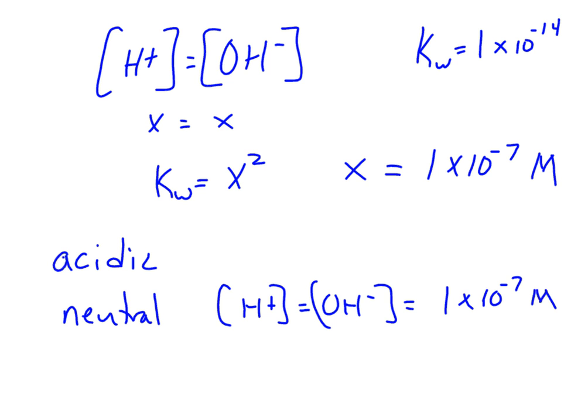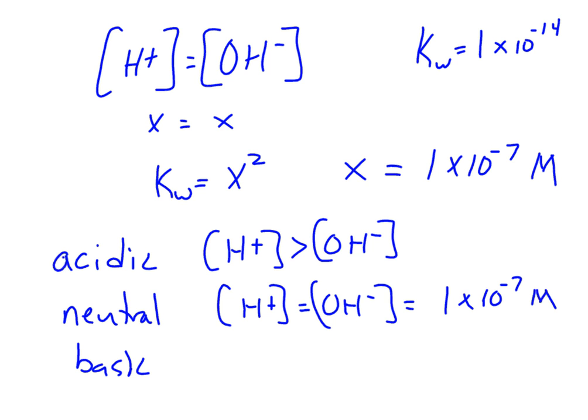So the H plus concentration would have to be greater than the OH minus concentration, and that would make it acidic. If it was basic, that would mean that the H plus concentration would be less than the OH minus concentration. In the next video, we'll take a look at the pH scale, which is the quantitative scale that we use to measure the acidity and basicity of a solution.